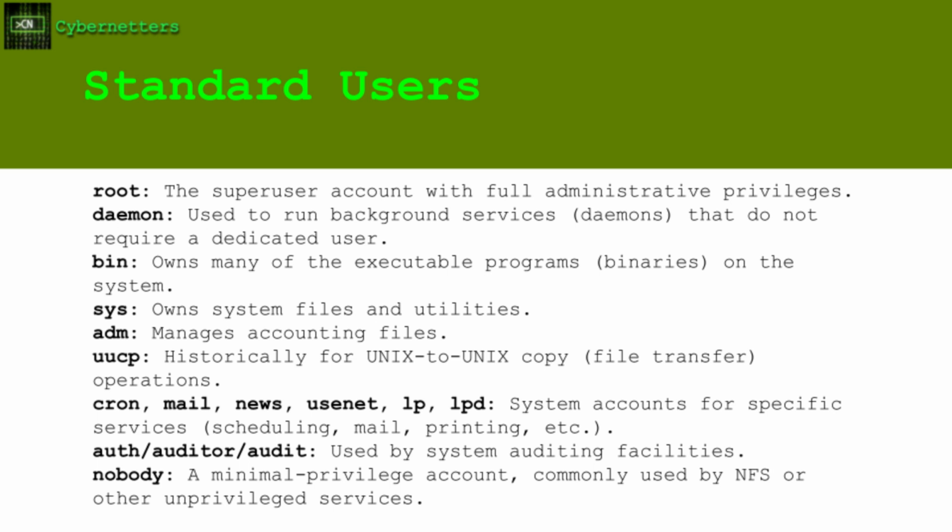And then you have uucp, which is an old-school file transfer system, not really used today. And then we have the service accounts like cron, mail, and lp, which run specific tasks like scheduling and printing. And then you have auth and audit, which are used for system monitoring. And then finally, you have nobody, which is the guest account of Unix, used when a process shouldn't have any real privileges.